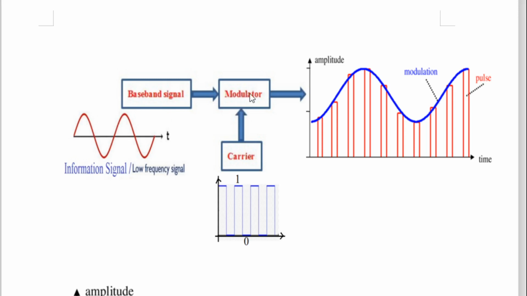When it changes the amplitude of the square wave, it will not change randomly. The modulator changes the amplitude of this pulse, the square wave, according to the instantaneous value of the information signal.